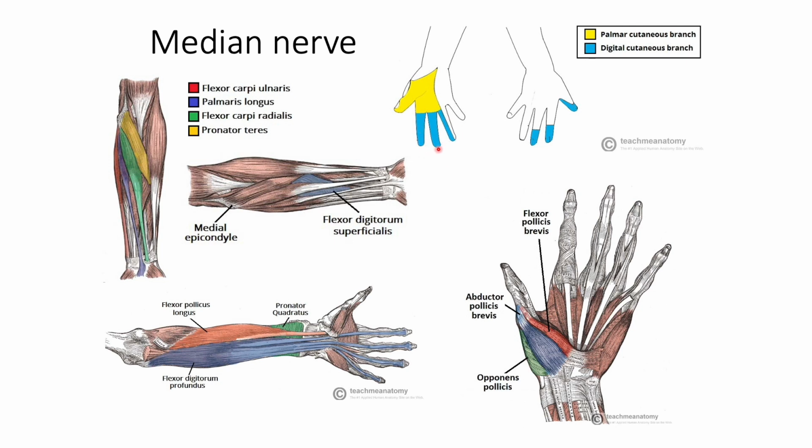So you can see here these 3 fingers are mainly the cutaneous supply by the median nerve, and also in the dorsum of the hand, it supplies near the nail bed, that is the lateral 3 fingers you can see here. So near the nail bed, it is mainly by the digital cutaneous branches from the median nerve.